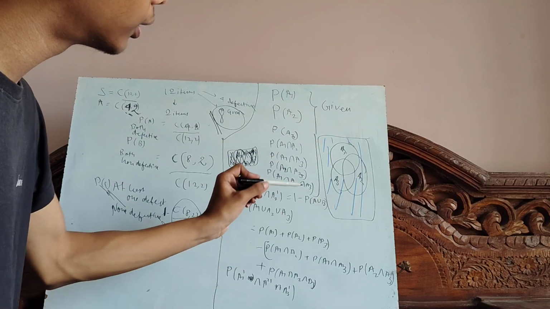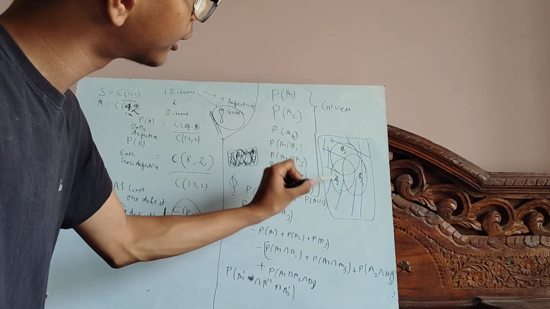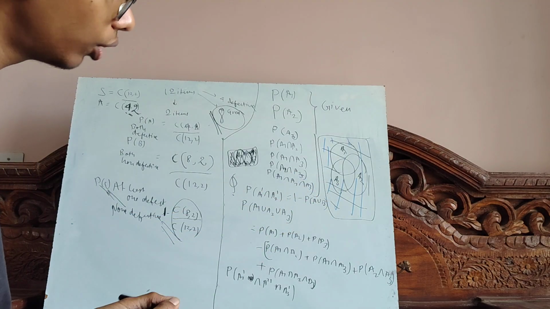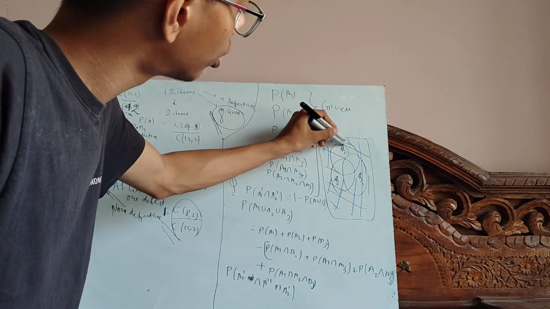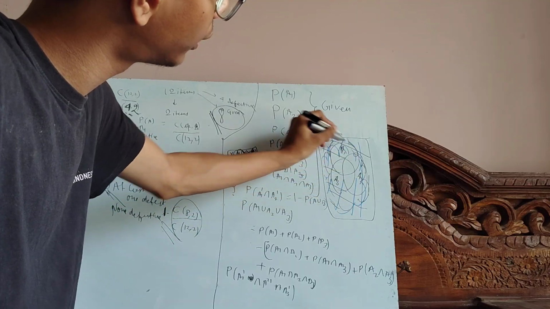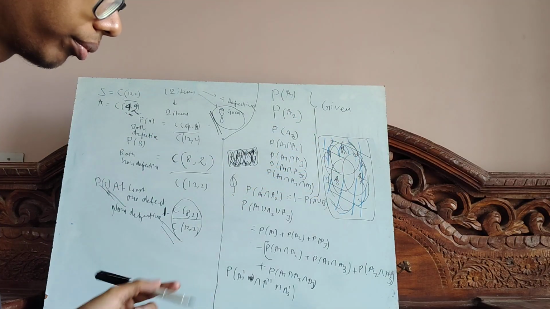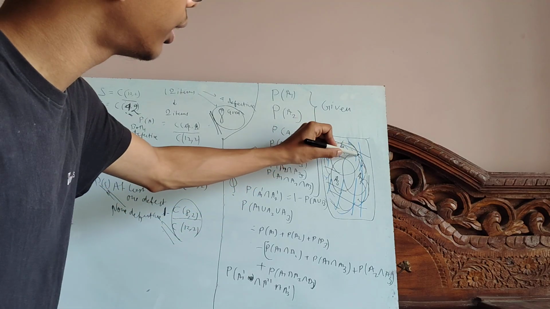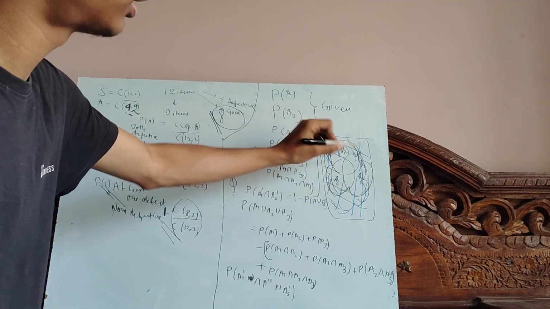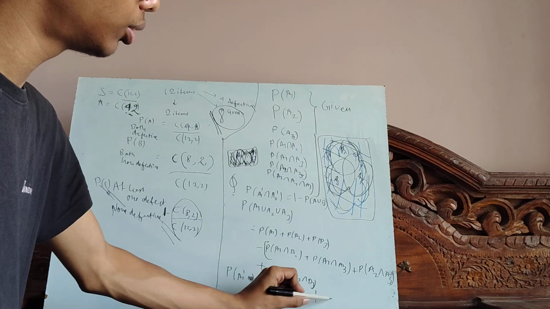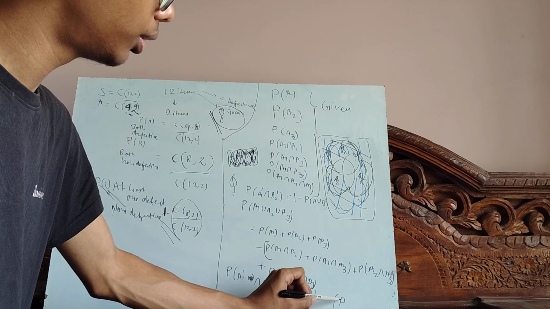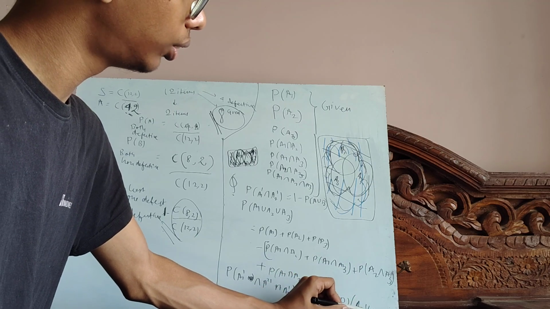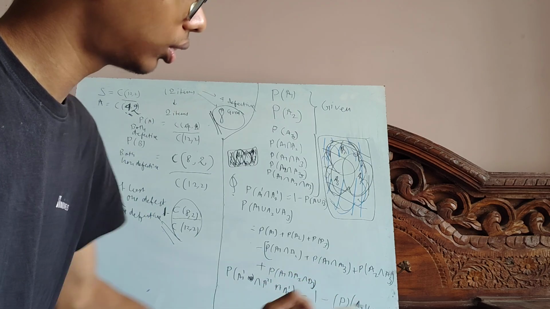A2 complement means all of sample space but not A2. And A3 complement means all of sample space but not A3. Right. So इसका इंटरसेक्शन चाहिए. तो इसका ये मतलब हुआ कि ये जो पूरा हमारा एरिया है ये हटा के बाकी सारा. तो this will be 1 minus probability of A1 union A2 union A3. Right.